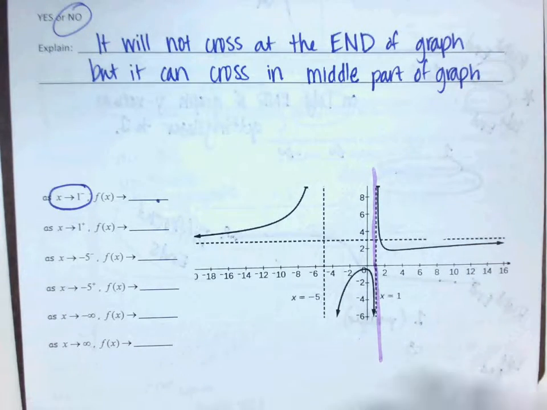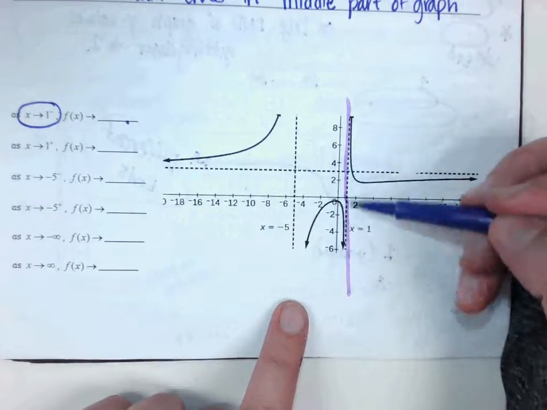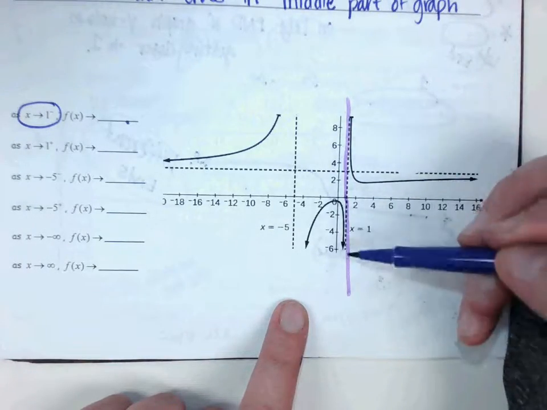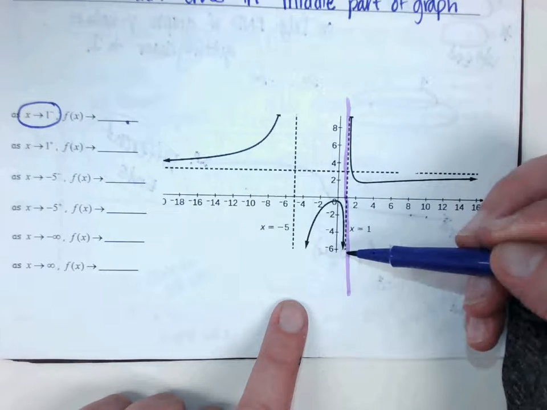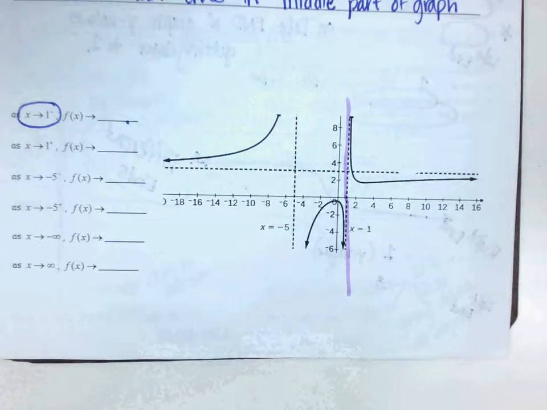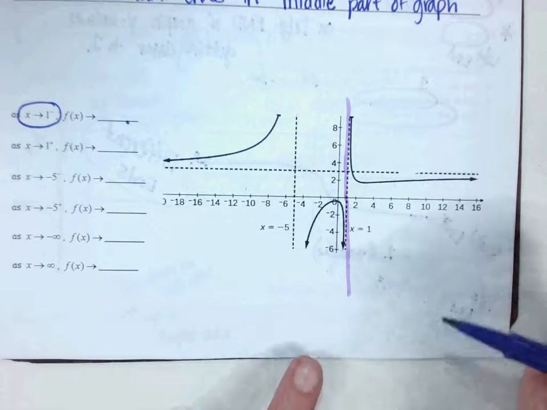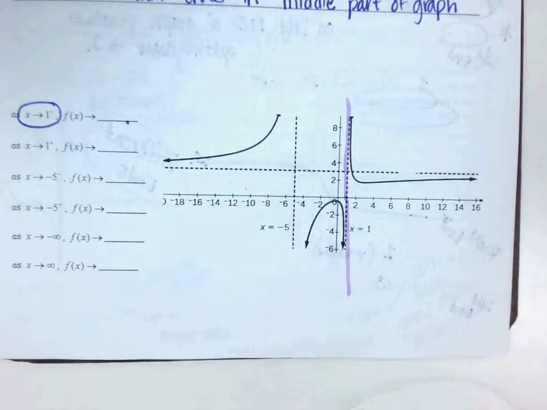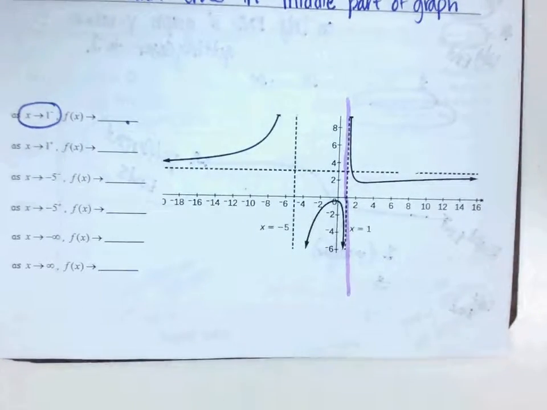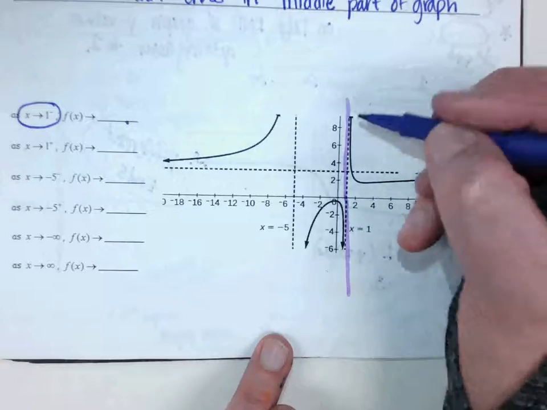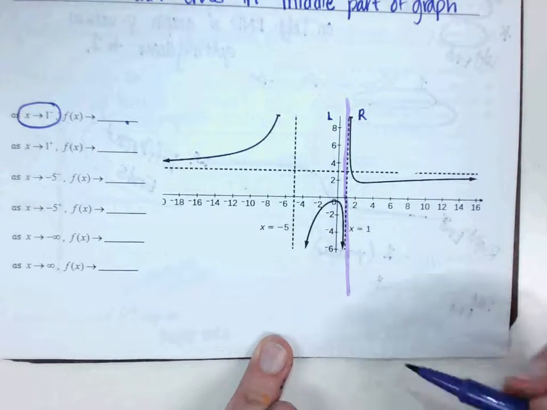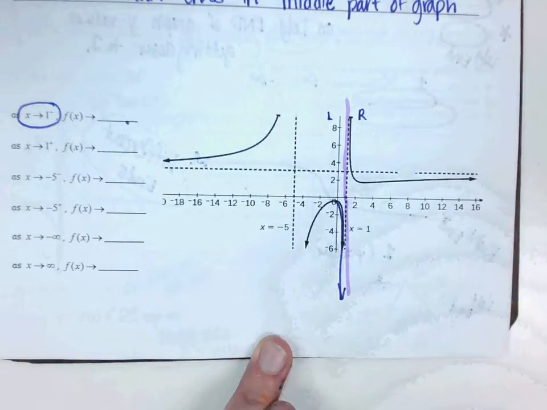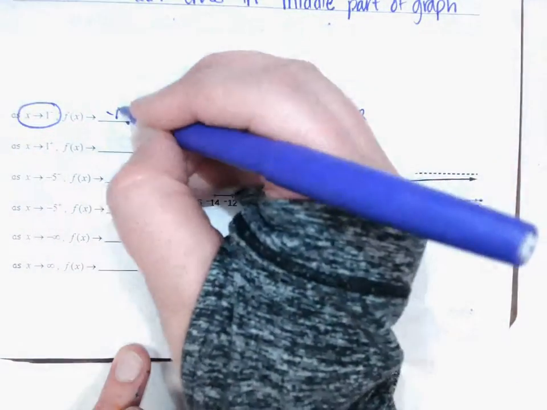If I want to be on the left side of this purple line right here, which direction is my graph asymptoting? Okay, think about left and right, if I'm here. Which side of the graph am I on if I'm going towards the purple line? This is purple, so this is left, this is right. Where's the left part of my graph pointed? Down, negative infinity. Very good.